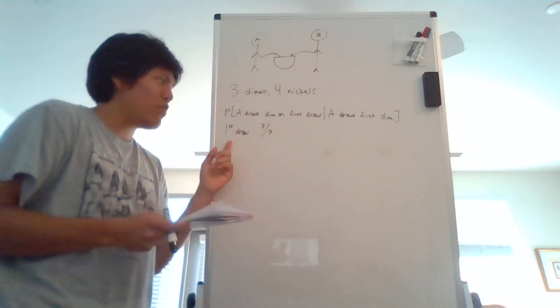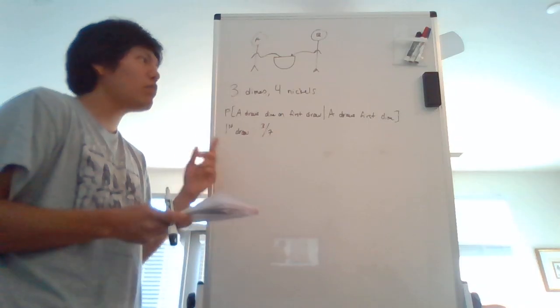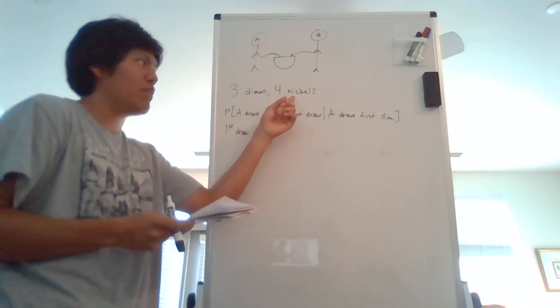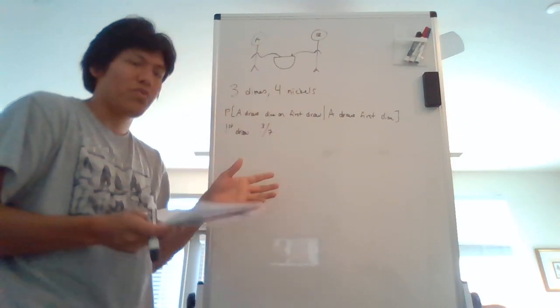So if A drew on their first draw, like I said, it's a 3/7 probability of that happening. But what about if on their first draw they drew a nickel, and then B drew a nickel, and then on A's second draw they drew a dime?